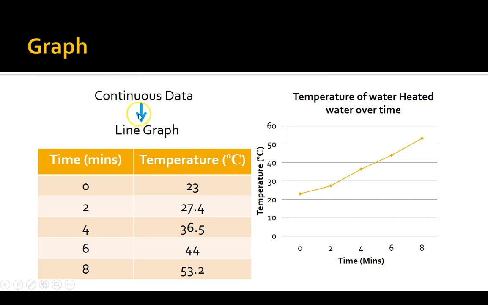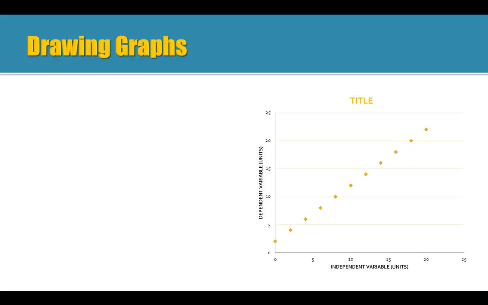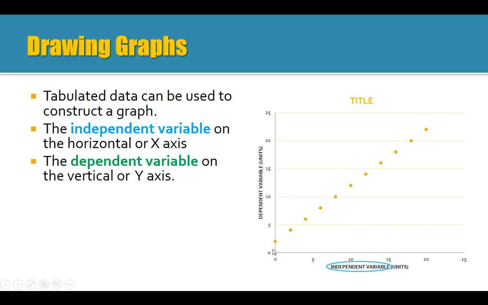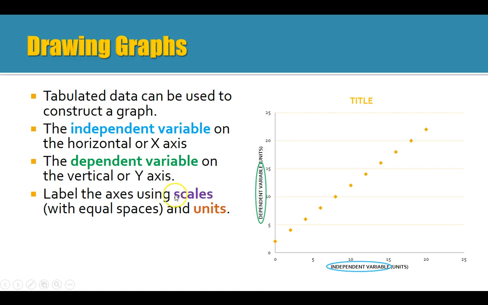Now if we've got different data like this, we've got time as the independent variable and then temperature, then we need to graph it as a line graph, which we've done here. So when we draw graphs, the independent variable is on the x-axis and the dependent variable is on the y-axis. We need to include an appropriate scale so that our data fits nicely on the graph, and we need to include units as well.